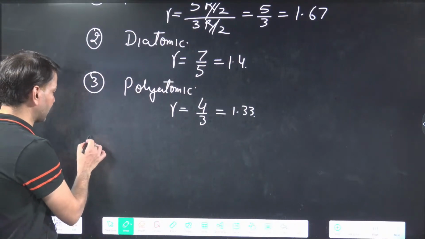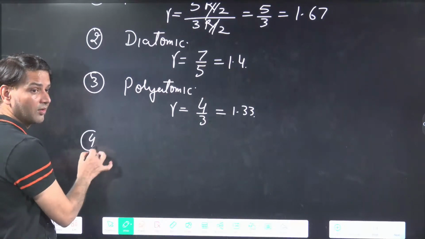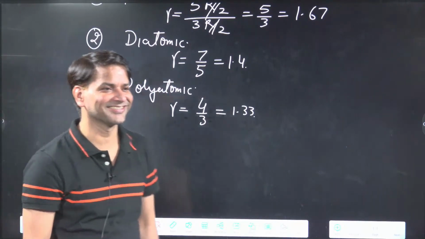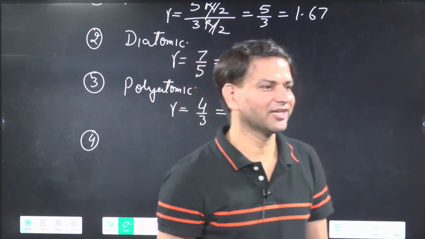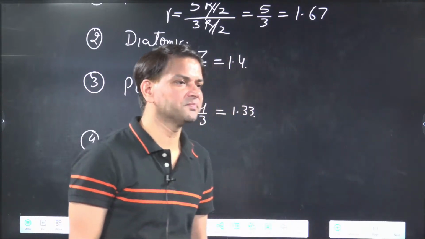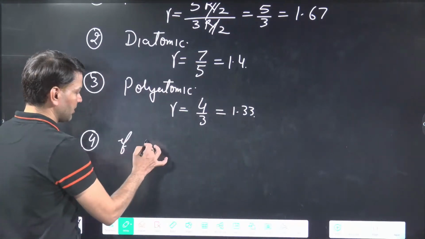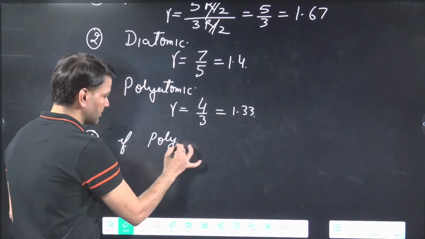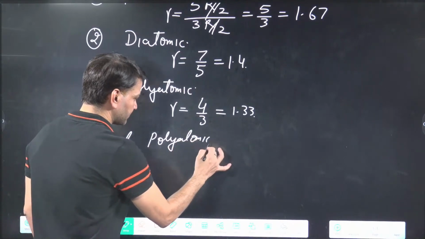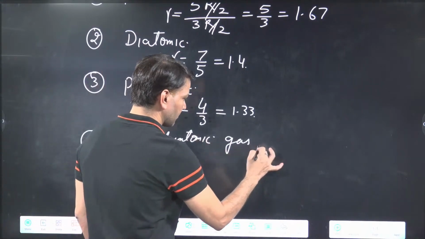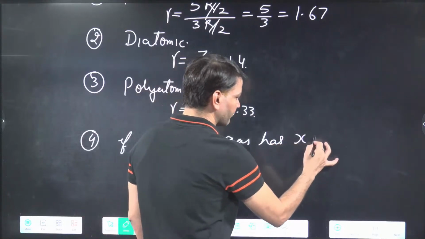In the last class I discussed 1.33x. How 1.33x? So what is CV if the polyatomic gas has x vibrational modes?